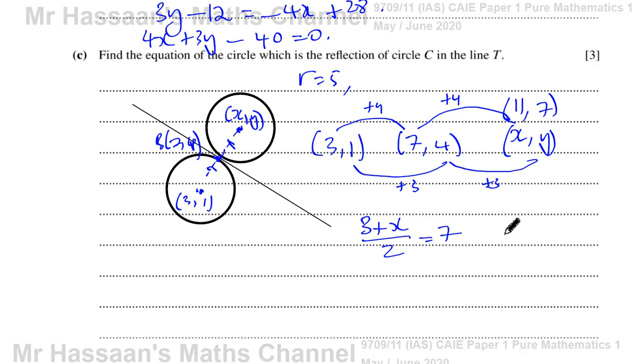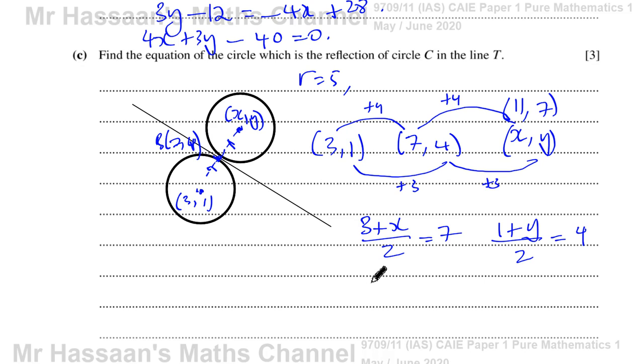And similarly for y, you can do the same thing. 1 plus y divided by 2 is going to be the y coordinate of the center, which is 4. So that will help you find our values of x and y. As you'll see, hopefully we get the same answer that we got earlier.